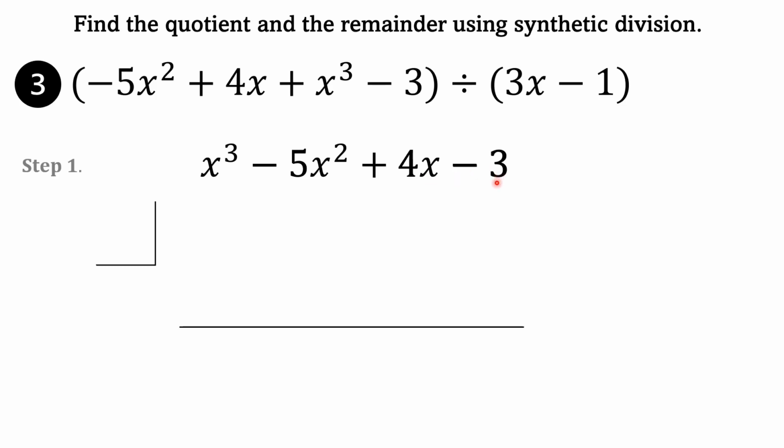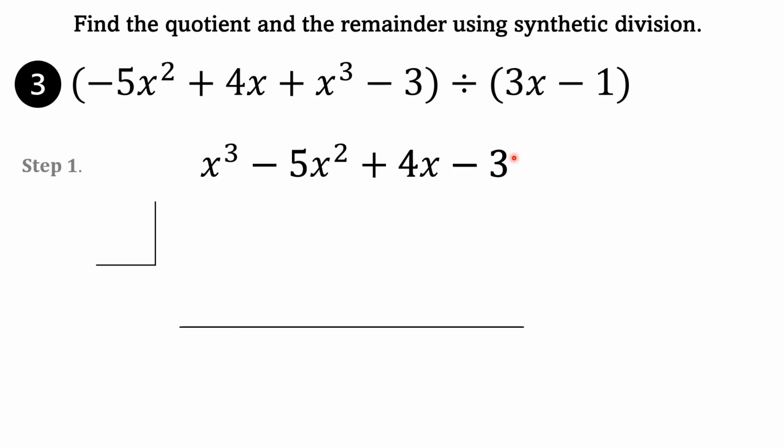So let's check if the exponents, or the powers, are complete. 3, 2, 1, 0. So no need to place 0 for a missing term because there is no missing term.